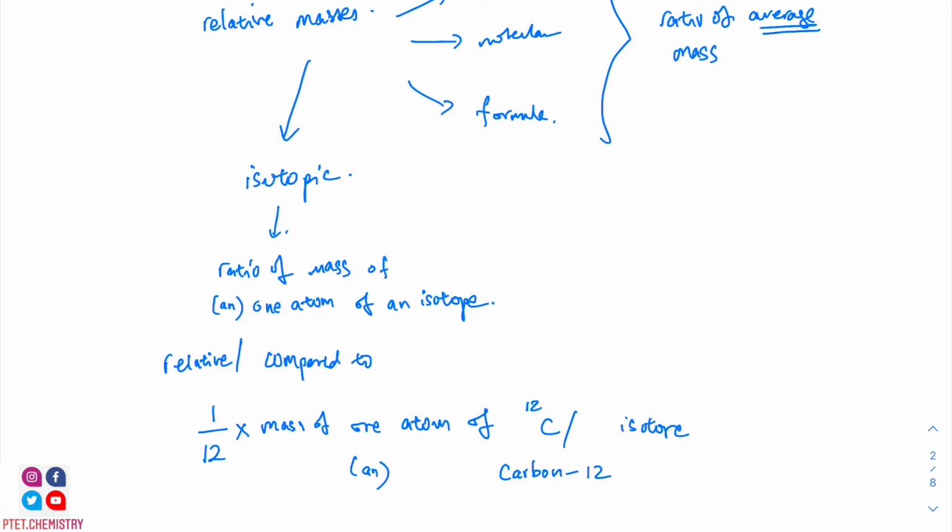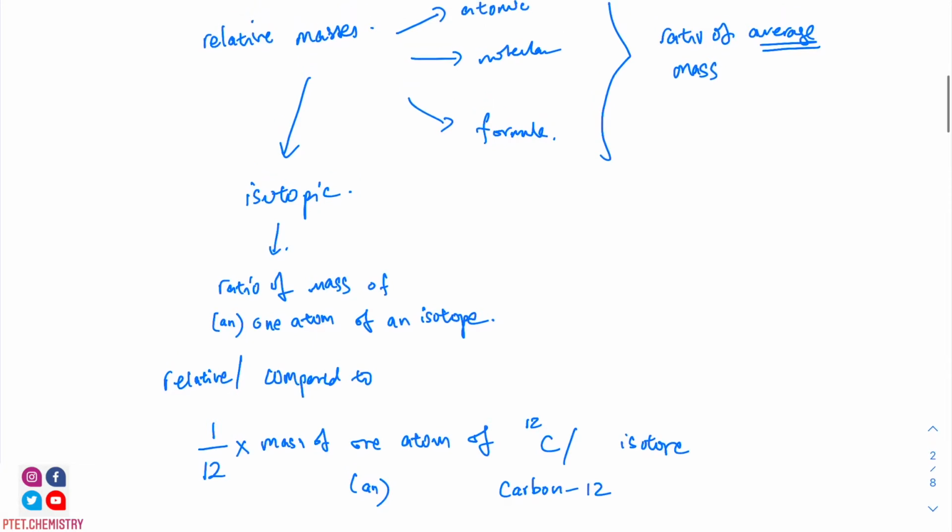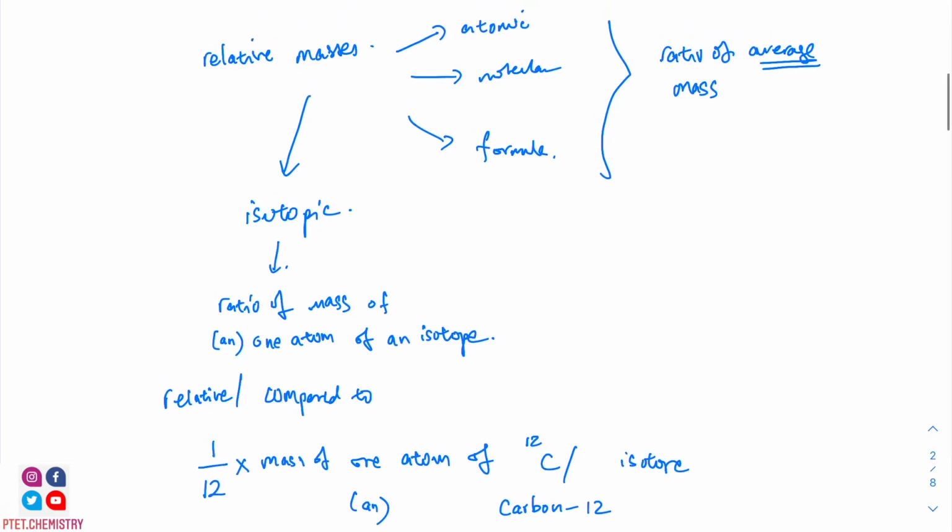But the important thing is people always confuse which one is average and which one is exact. When you compare all of these, it's the ratio of average mass of one atom, but you don't say isotope, or one molecule, or one formula unit of an ionic compound.